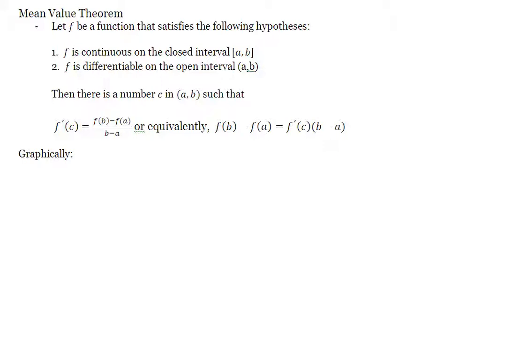So if my function is continuous and differentiable on some interval, then there must be some x value, which I'm calling c, such that f prime of c, the derivative, is equal to f of b minus f of a over b minus a. Let me show you what we're saying here.